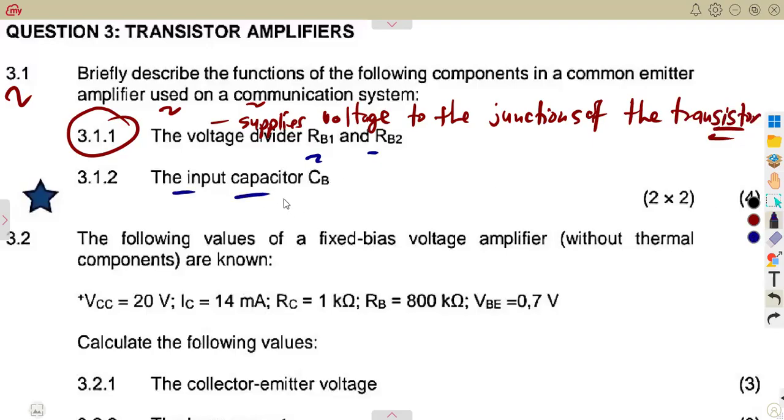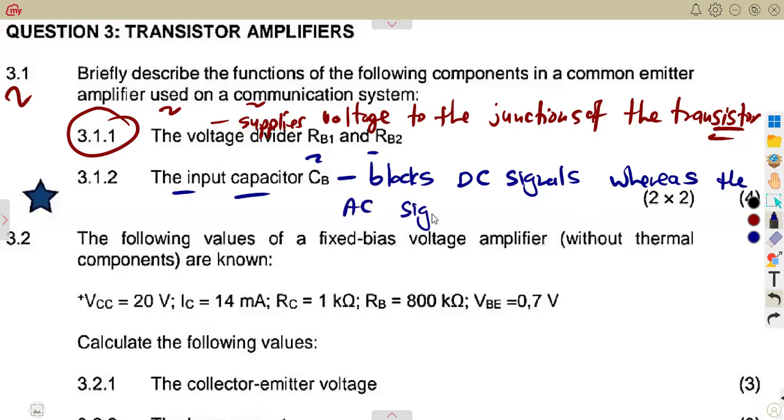That is the major part that you must have there. And the input capacitor CB at the base, which is normally called C1, blocks the DC signals, whereas AC signals are passed.